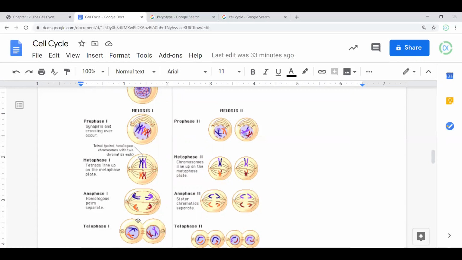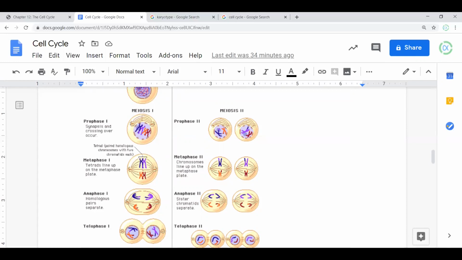They actually switch genetic information, and this is called crossing over. This increases genetic diversity because you're putting different genes from other chromosomes onto another chromosome. So this is a step that our body takes to increase genetic diversity.